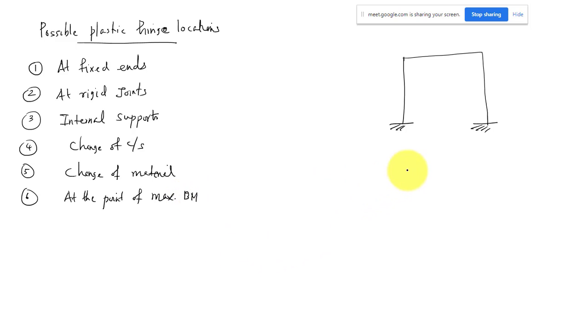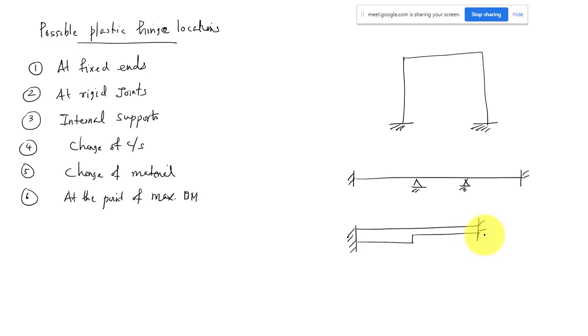Let us take some structures. Say here it is a continuous beam, and another beam is like this. Maybe another one is another beam like this.